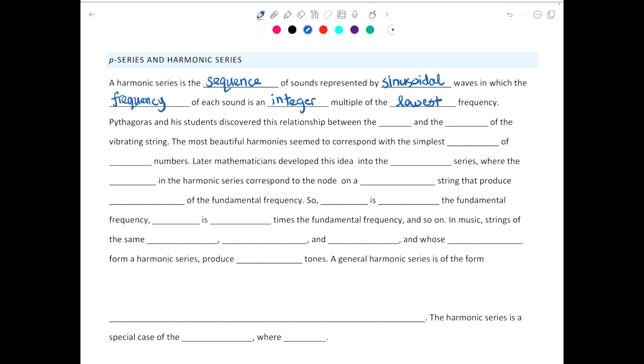Pythagoras and his students discovered this relationship between the tone and the length of the vibrating string. The most beautiful harmonies seem to correspond with the simplest ratios of whole numbers.